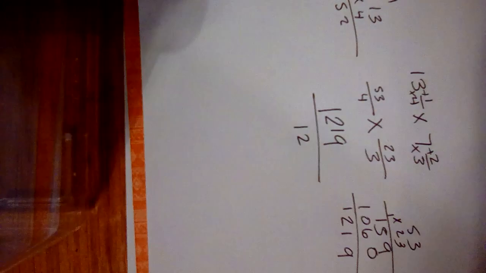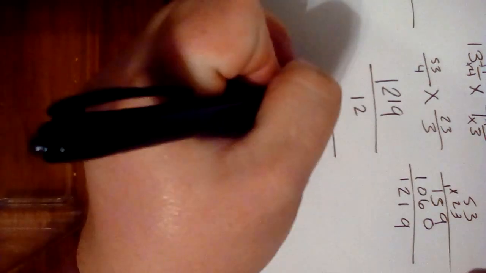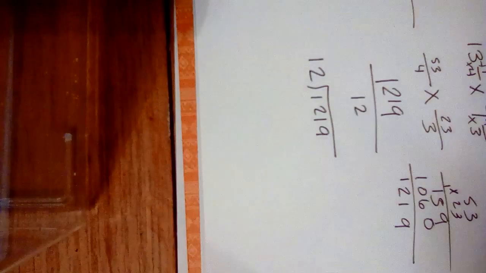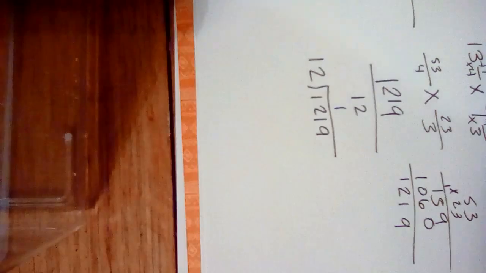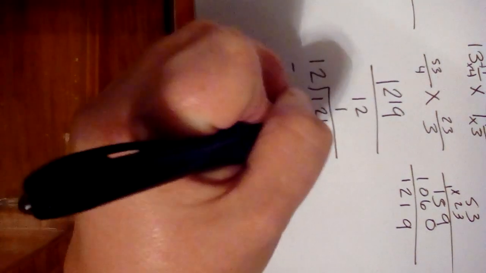Big number over little number, which means I have to divide because I need to simplify, and I do that using long division. 1,219 divided by 12. 12 goes into 12 one whole time. Minus 12 is 0. Bring down the 1. Okay. Can 12 go into 1?